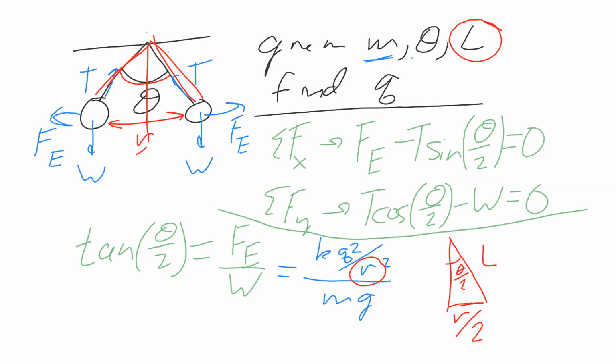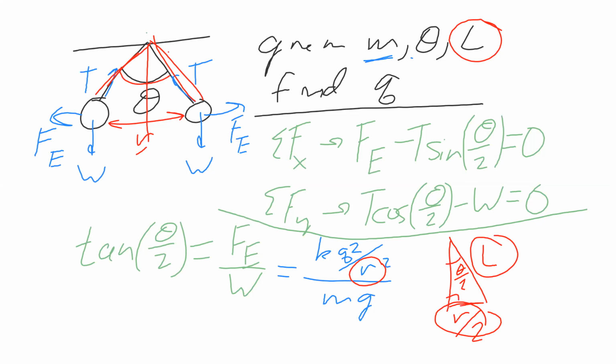And then I'd say this is a right triangle, and I can thus say that the sine of theta over 2 is equal to opposite over hypotenuse. If you did that here, you'd end up getting that r is equal to L as well. If not, you get some ratio of L.